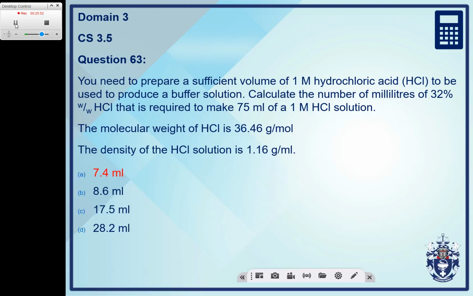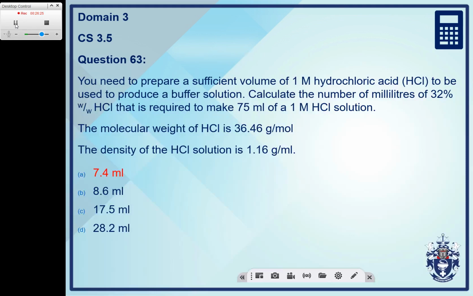Now, before we take a look at the memo, there's certain aspects that we need to address. First off, this is a typical example of a complex dilution. You're going to use both molecular weight as well as density. And the concentration term that is used here is molar.